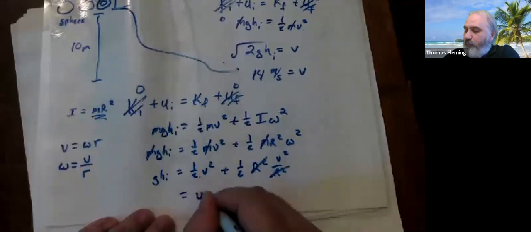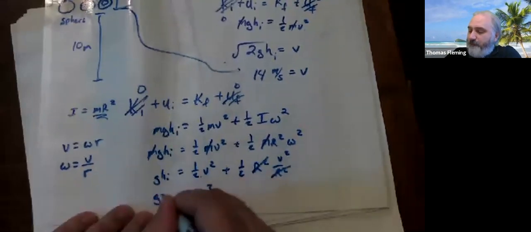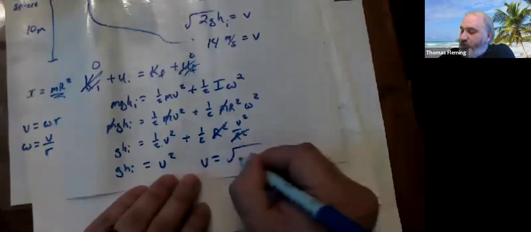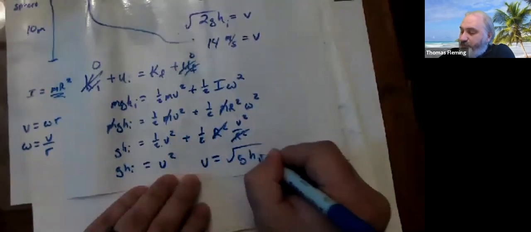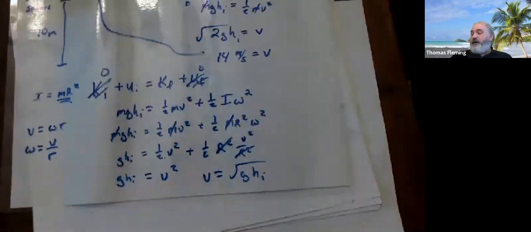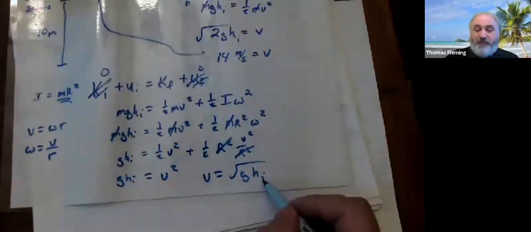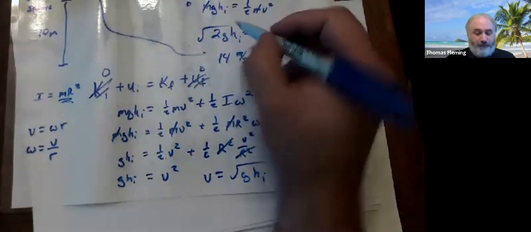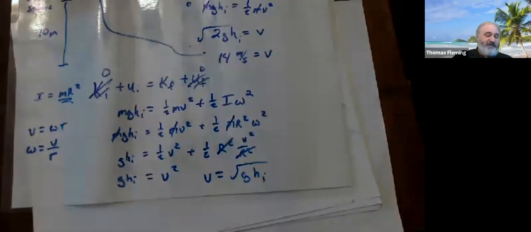That's equal to v squared, which means that the velocity I get is going to be the square root of g times h initial. And it's pretty obvious that gh initial is going to be smaller than 2gh initial. That's going to be the square root of 98, which is about 9.9 as I recall.